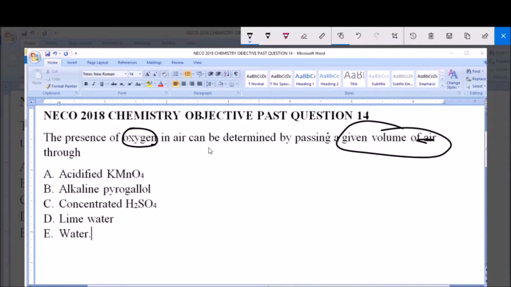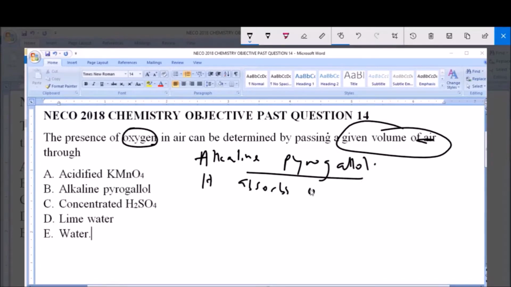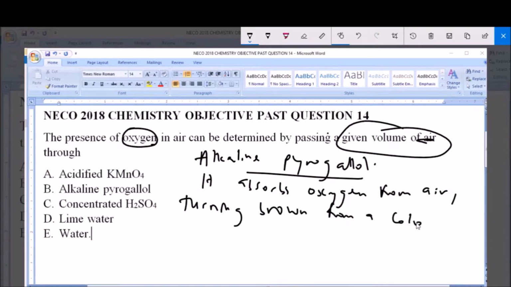So the test for this usually is done using alkaline pyrogallol. Alkaline pyrogallol is used for this experiment, and how it works is that it absorbs oxygen from air, turning brown from a colorless solution.